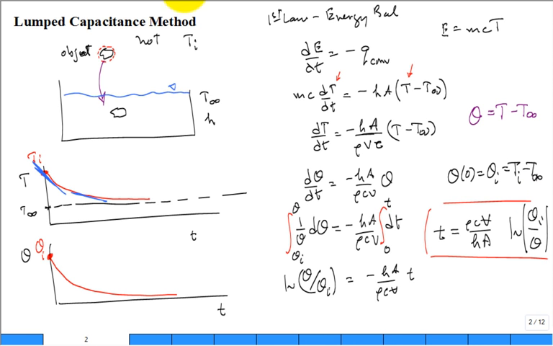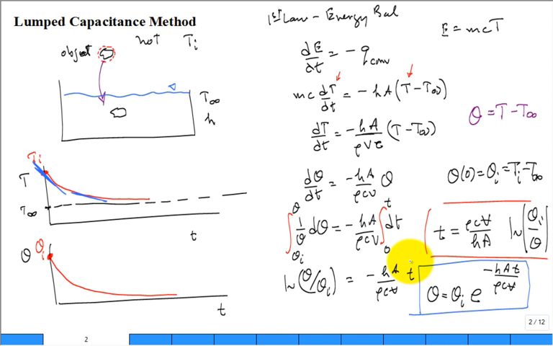And then what you do also is express the final answer for theta is equal to theta initial times e, the exponential, of minus hAt divided by rho c V. There's the other equation. They're both the same equation, aren't they? It's just, are you interested in finding the time that it took to cool it, or are you interested in the temperature after this much time?